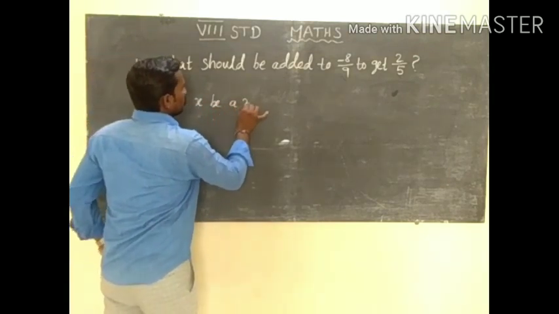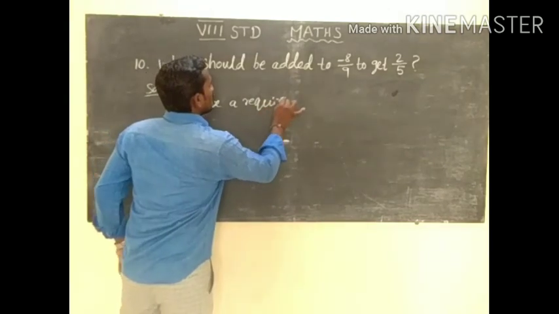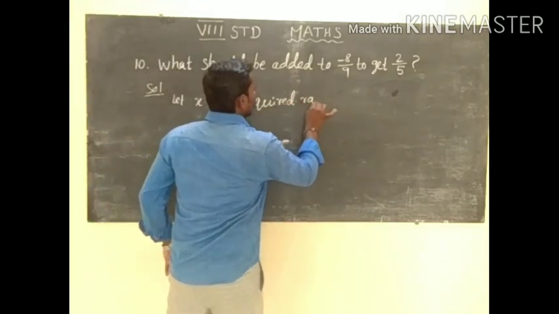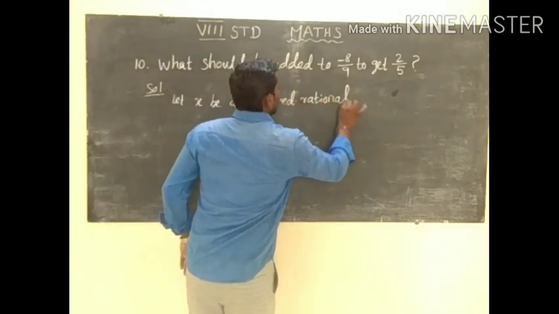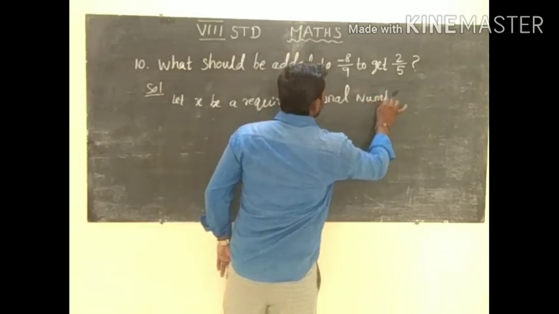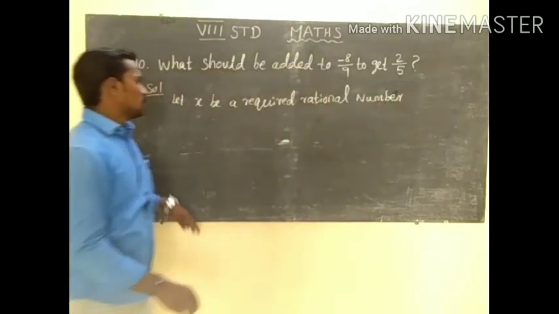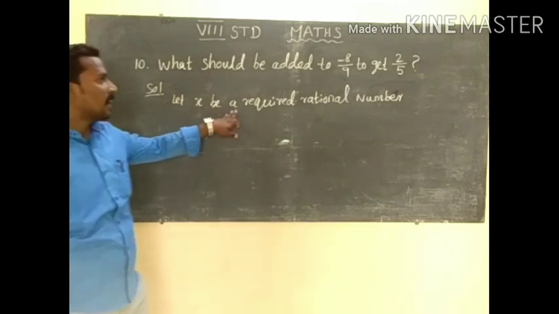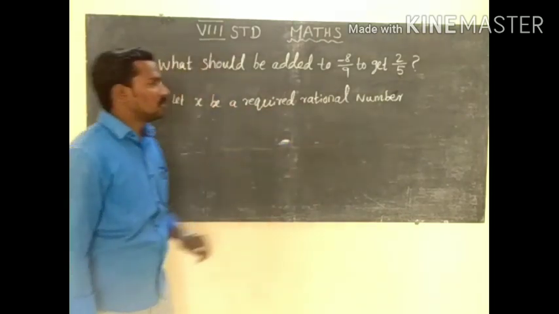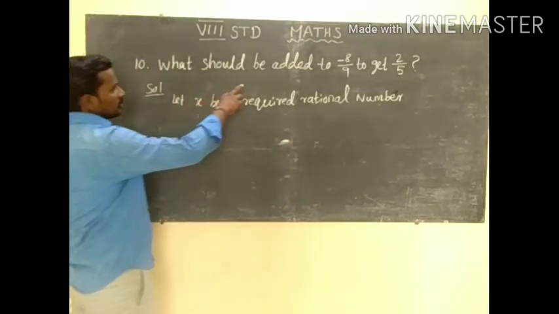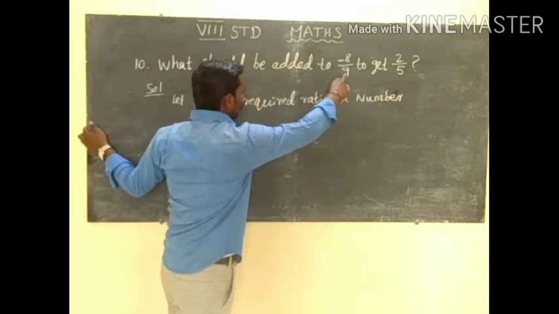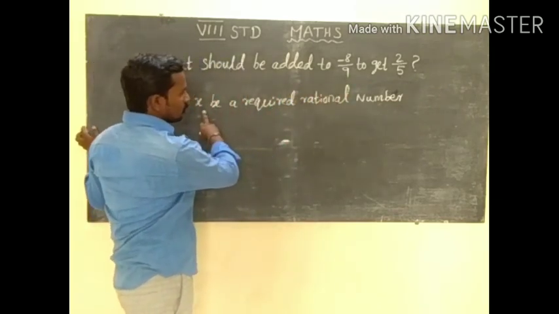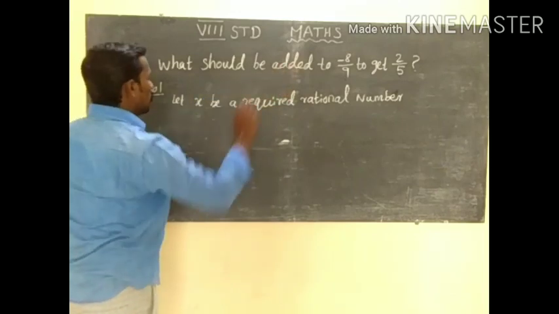Let x be a rational number. This is our assumption. Let x be a rational number. The question is, this number added to the rational number, we get 2 by 5.